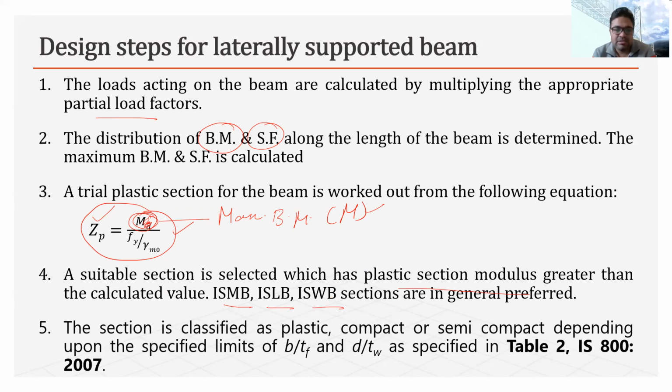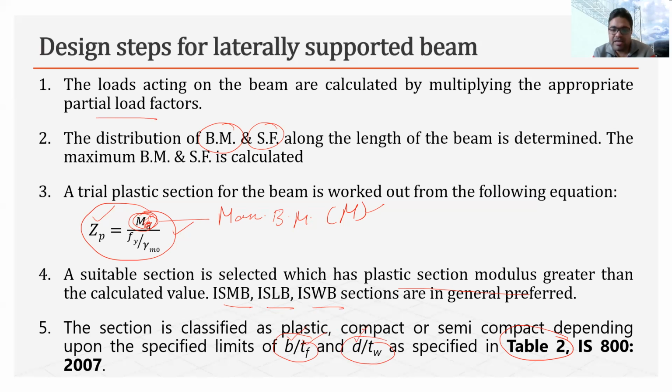Now, the next step would be to classify our section, whether our chosen section is plastic, compact, or semi-compact. Using Table 2, we will classify, and this classification is based on the ratios b by Tf and d by Tw. b is the width of flange, Tf is the thickness of flange.